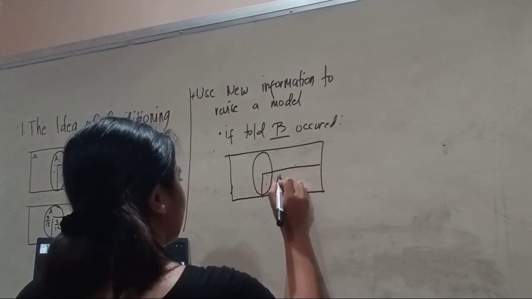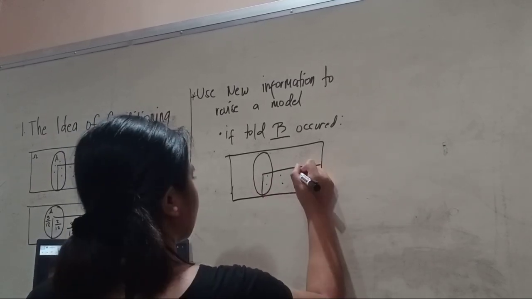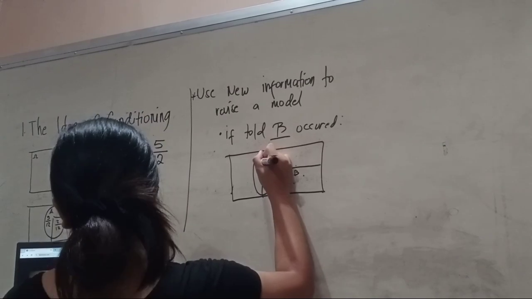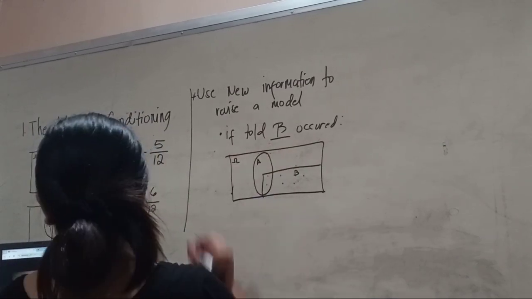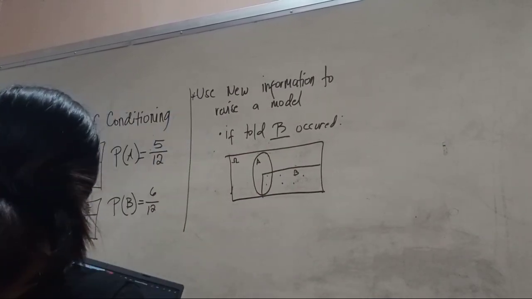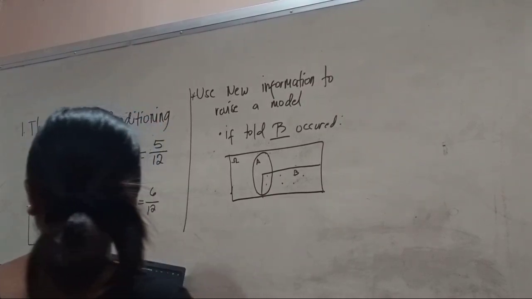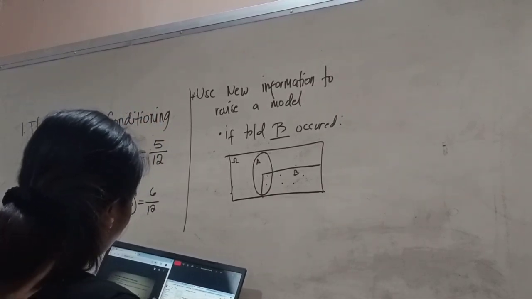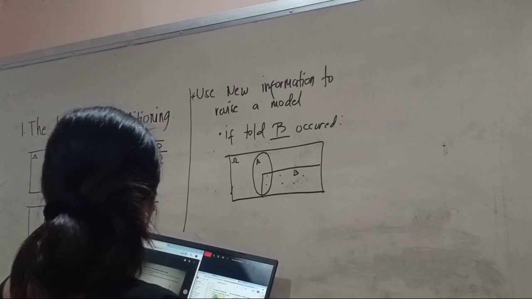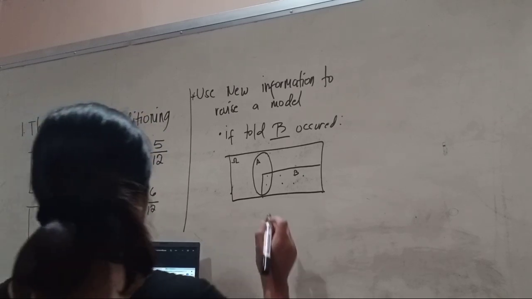One, two, three, four, five, six. Event B and event A. This is the basis of conditional probability: restrict your view to B and recompute probabilities with that new view.